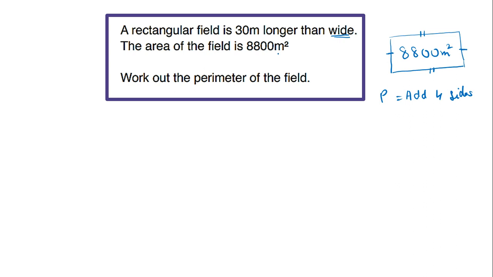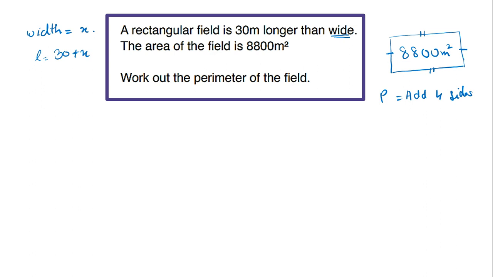Now whenever you're dealing with unknown lengths or widths or whatever, you represent those unknowns as x, right? So it says the field is 30 meters longer than the width, than it is wide, right? So if the width is x, 30 meters longer means that the length is supposed to be 30 plus x.